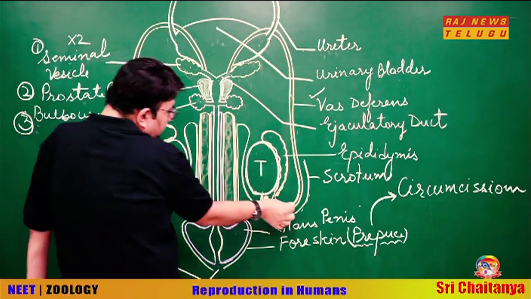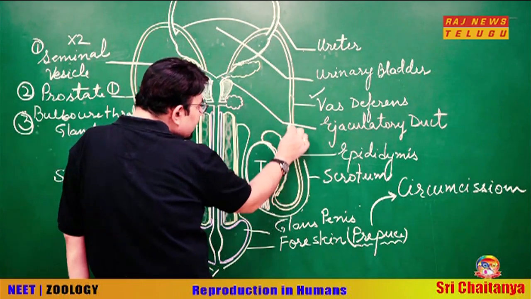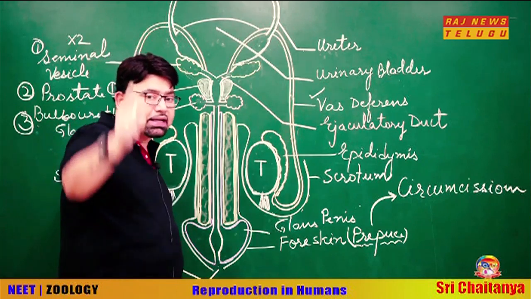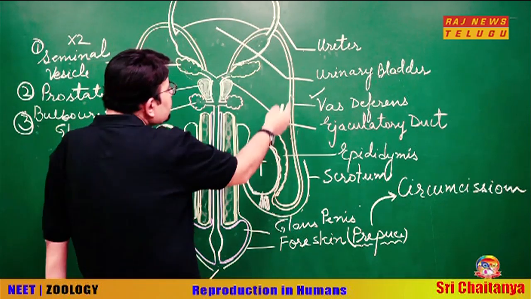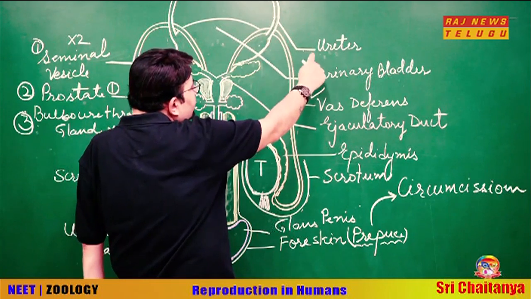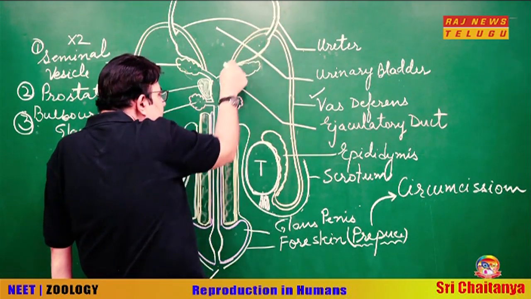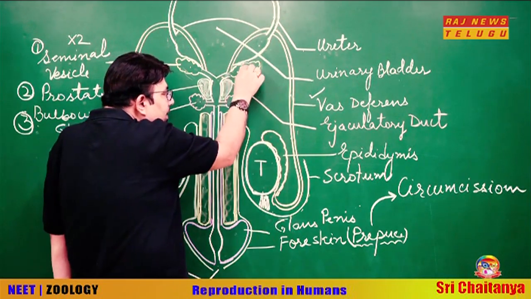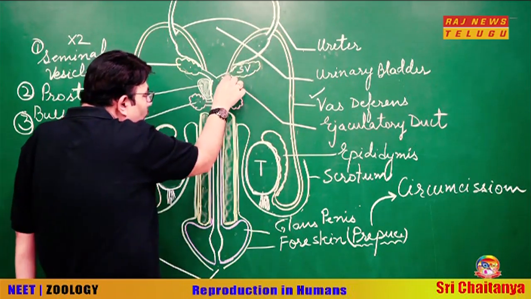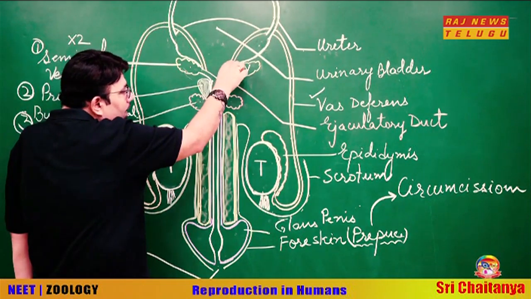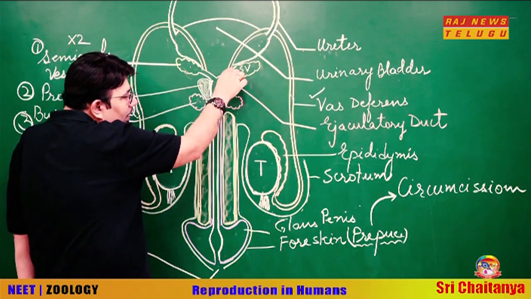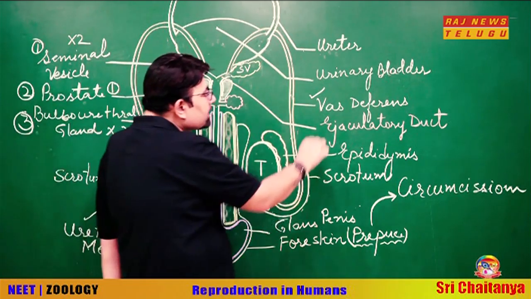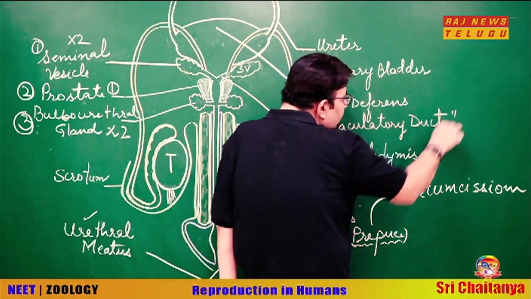Now, the vas deferens is ascending up and entering into the abdominal cavity through the inguinal canal, and then it turns around the ureter, and then it joins with the duct of seminal vesicle. The common duct formed when the vas deferens and the duct of seminal vesicle merge is known as ejaculatory duct.